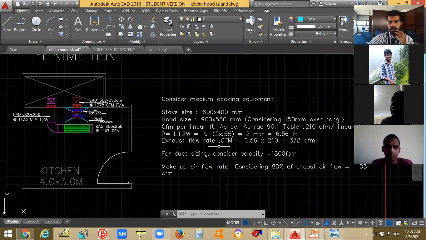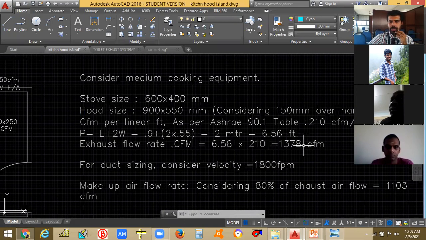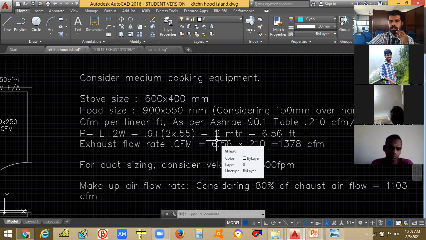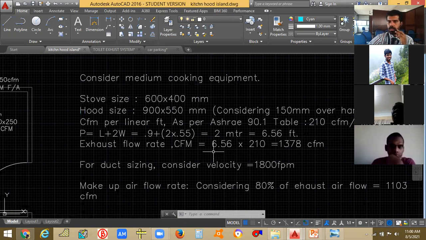Okay, CFM also we found, 1378 CFM, by using the tabular column. Why have we used the tabular column? Because the method we are using right now is the ASHRAE method. In the ASHRAE method, we have to use the tabular column. In the SMACNA method, you can use the formula. Okay. So from the ASHRAE method, you found the exhaust air flow rate in CFM equal to 1378 CFM. Okay.